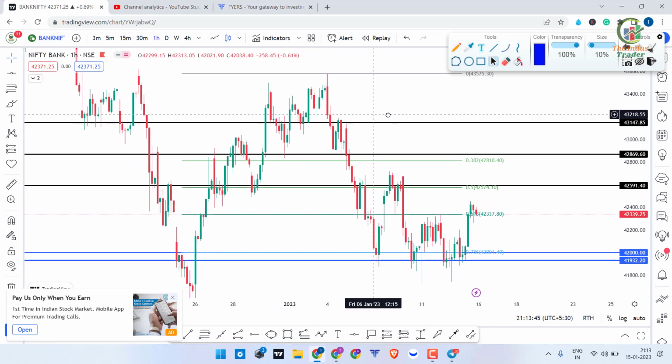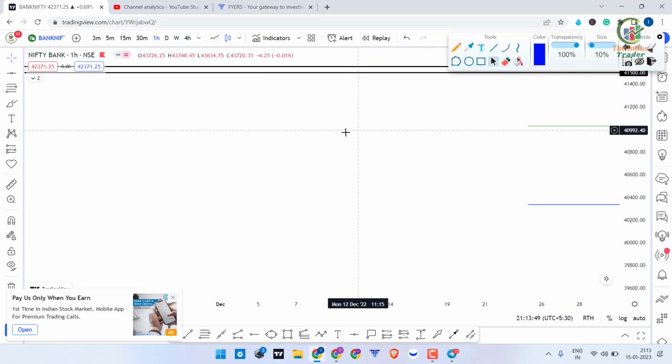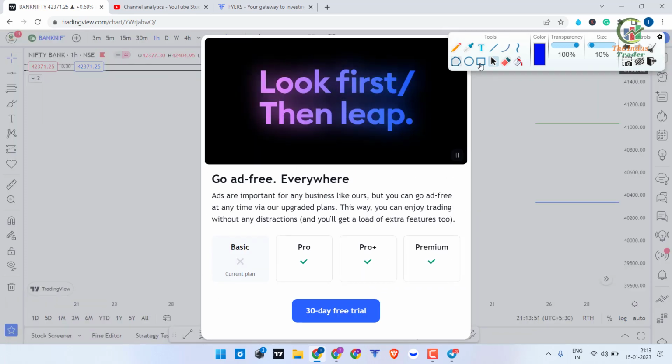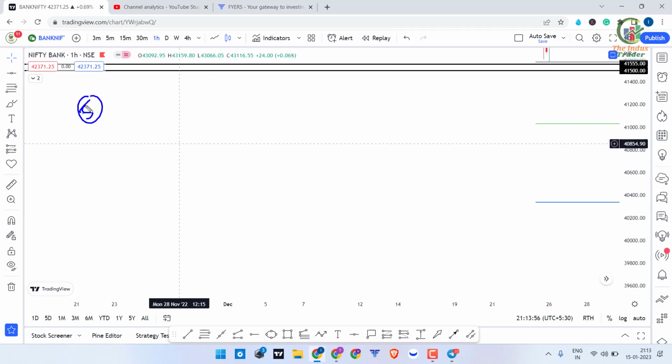The point is, the whatever the five labels, what are the five types, the important thing you have to observe is, we have learned five types to draw support and resistance.